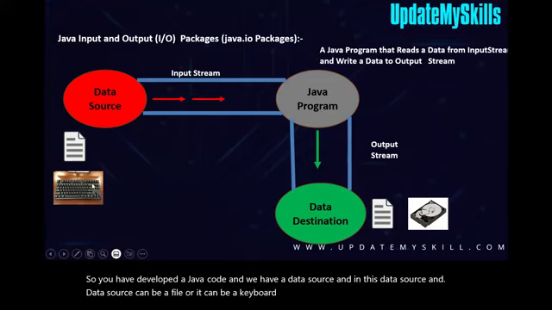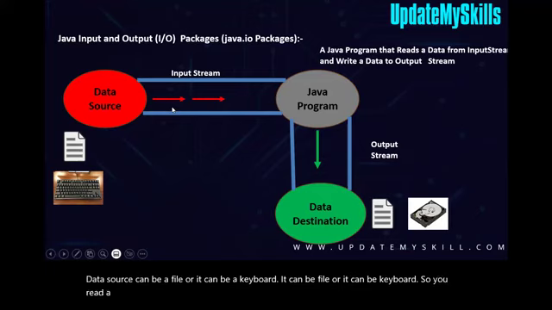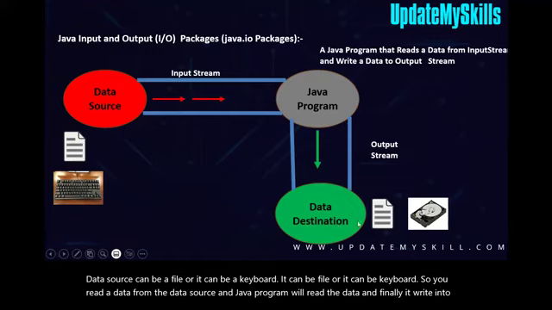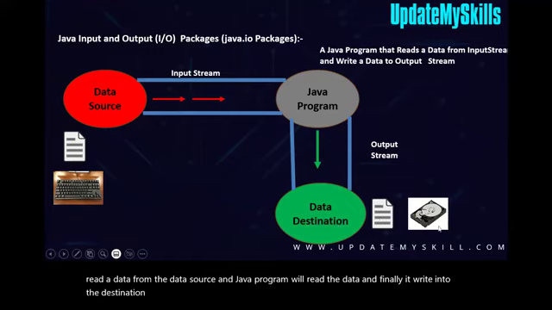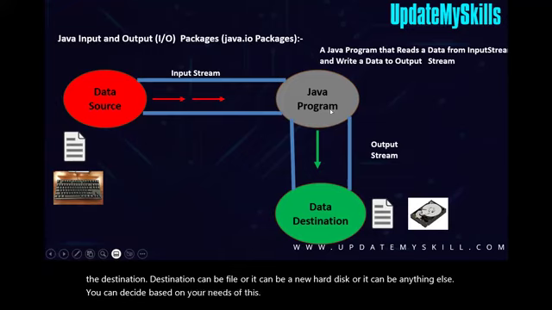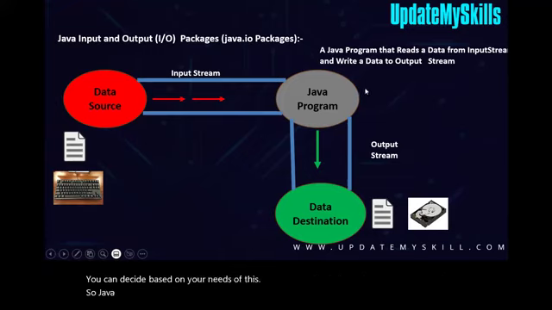So the Java program reads the data from the data source, and finally it writes into the destination. The destination can be a file, or a new hard disk, or anything else. You can decide based on your needs. So the Java program reads the data from the input stream and writes the data to the output stream.